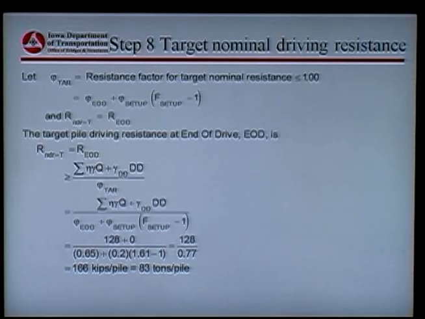The higher that number is, the shorter the length will be. And then when I take the 128 divided by that, I get 166 kips or 83 tons. Okay, now that's the target at end of drive. At 7 days, that's what we have right here, is 83 tons.